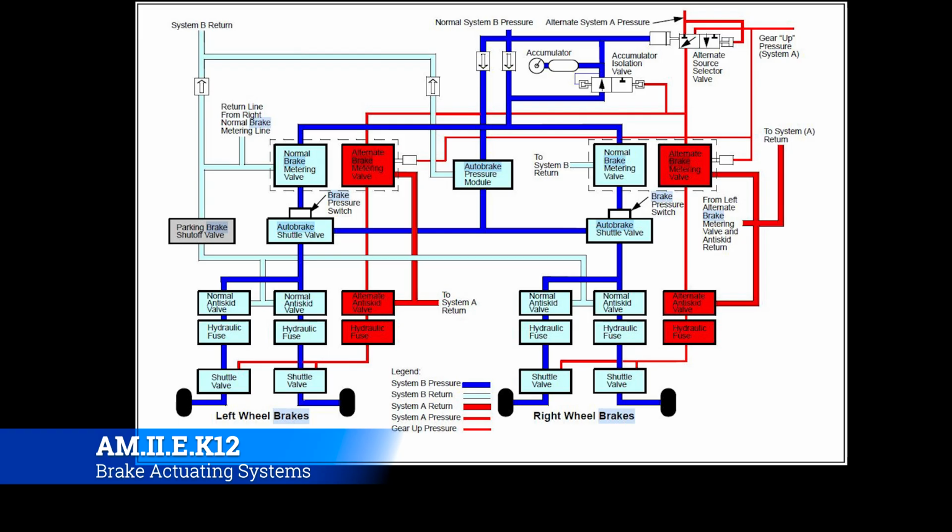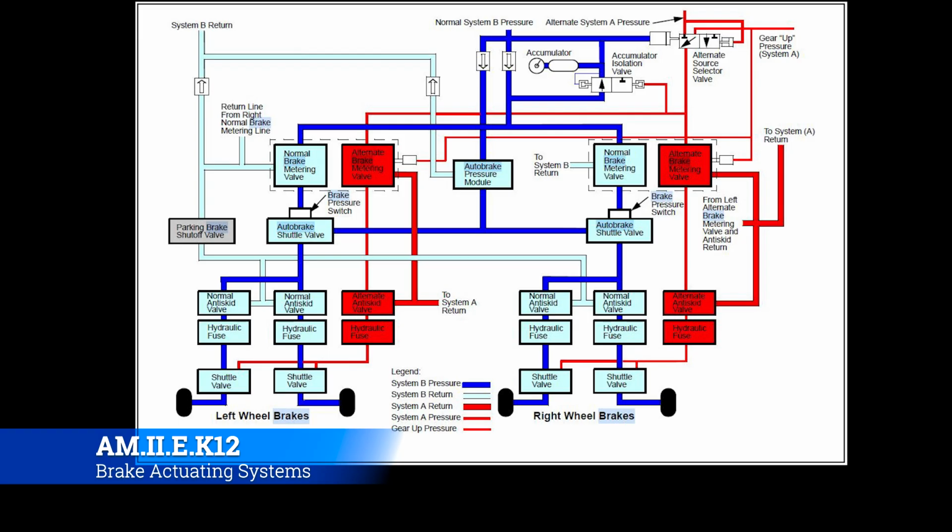But then you have the normal brake metering valve that on the right side allows the system B to return. So if there is an excess of pressure, or excessive fluid, or it's simply being pressed back up by the return springs, it'll go up into the system B return right there.